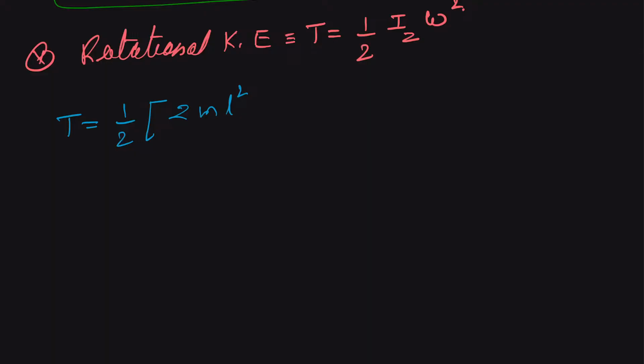So half of 2m L square sine square alpha times omega square, and here 2 and 2 cancel out, therefore we get that rotational kinetic energy is equal to m L square omega square sine square alpha.